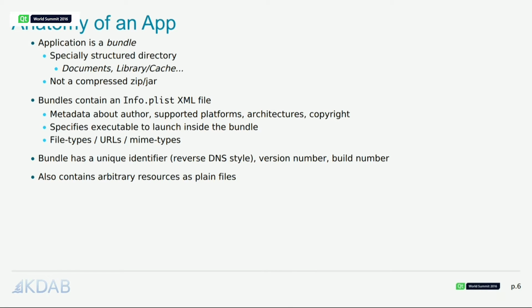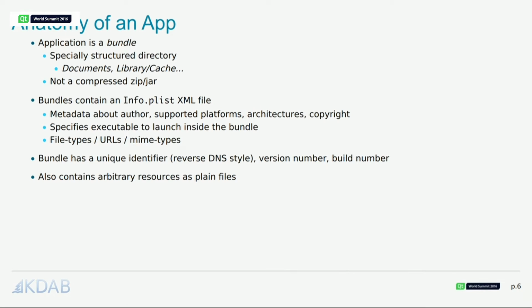And the bundle also contains specific folders in which iOS expects you to store things. So there's a documents folder. All the applications, I'll come back to it, but they are sandboxed, which means they can only access their own document folder, not the one of any other application.